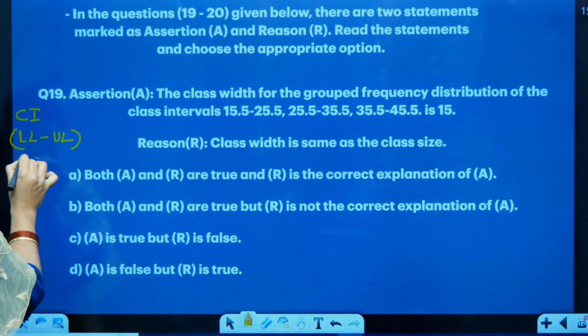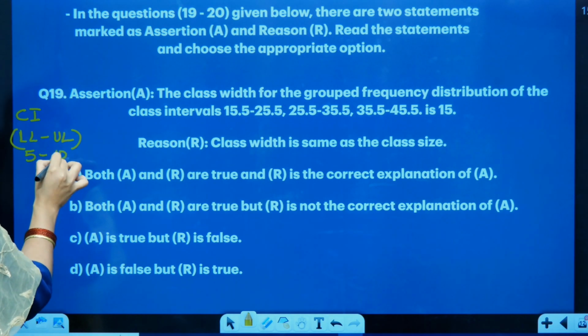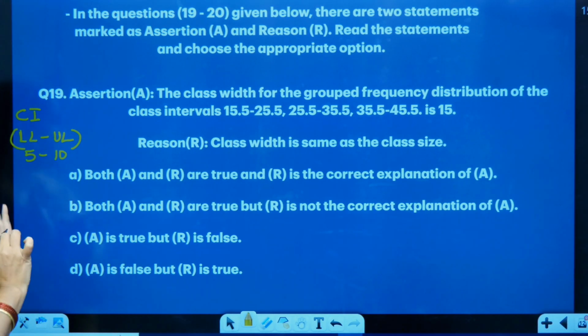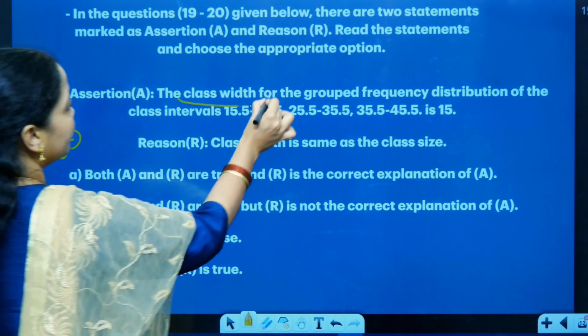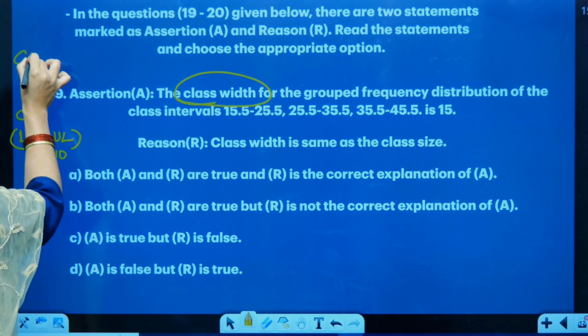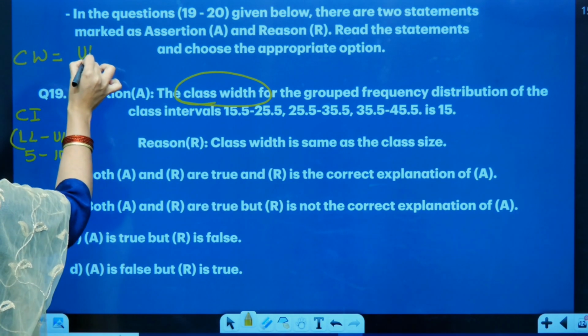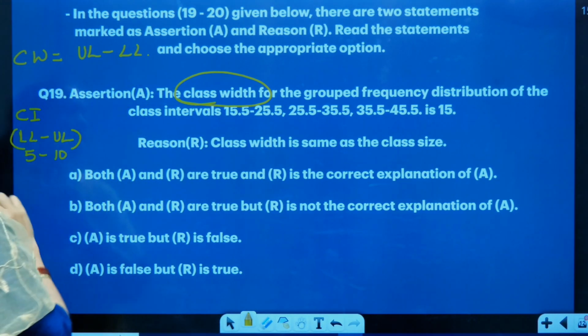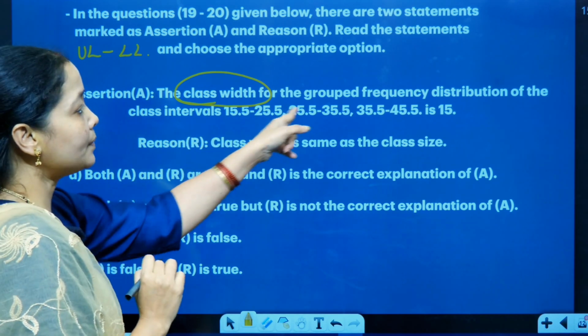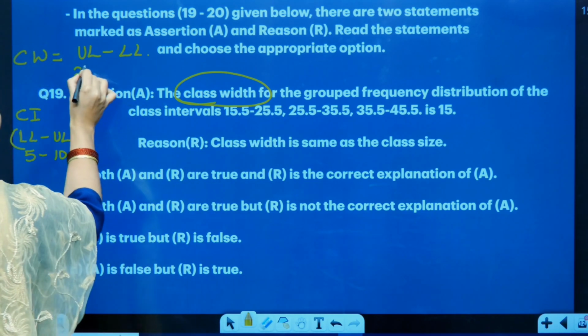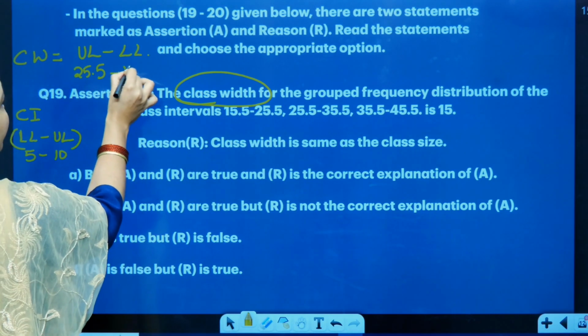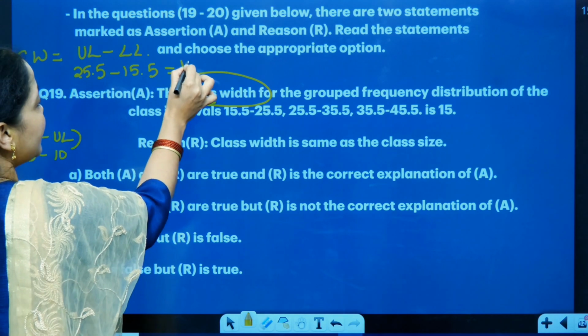If I have a class interval called 5 to 10, 10 is my upper limit and 5 is my lower limit, and the class width is always equal to upper limit minus lower limit. So if I am taking any class width here, it's 25.5 subtracted with 15.5, which is exactly 10.